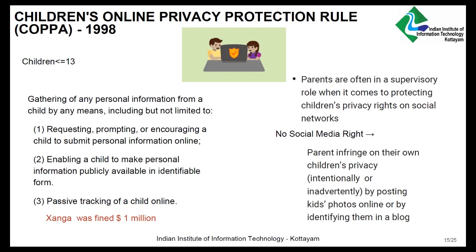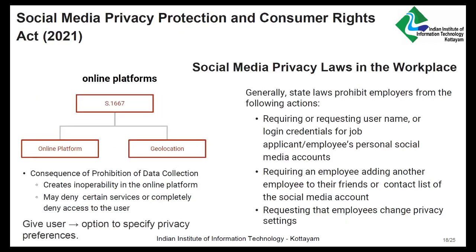Now coming to general privacy regulations, one of the acts that happened in 2021, that is the Social Media Privacy Protection and Consumer Rights Act, S.1667, which covers protection over online platforms and geolocation, which means you might be using maps, right?